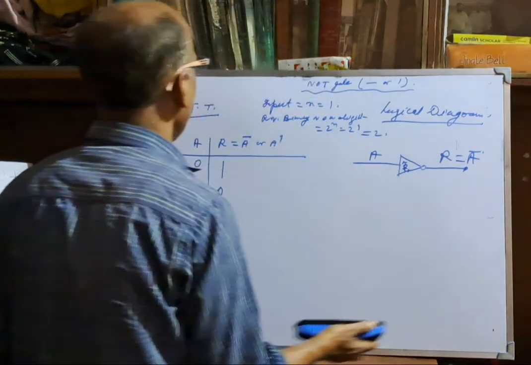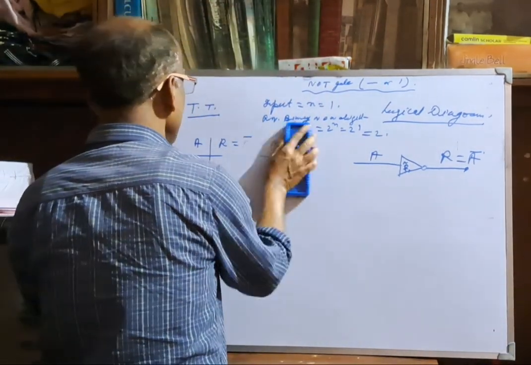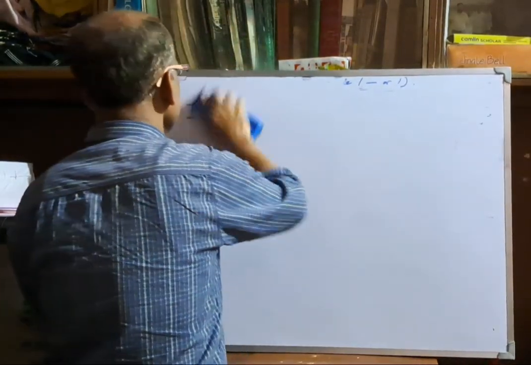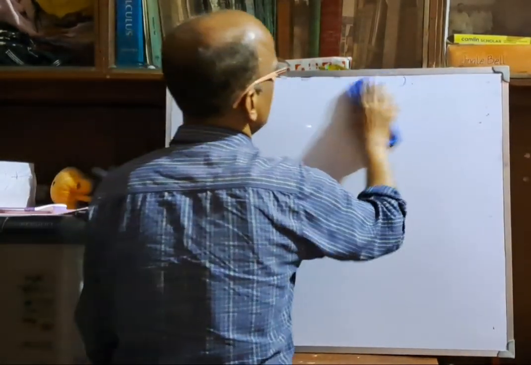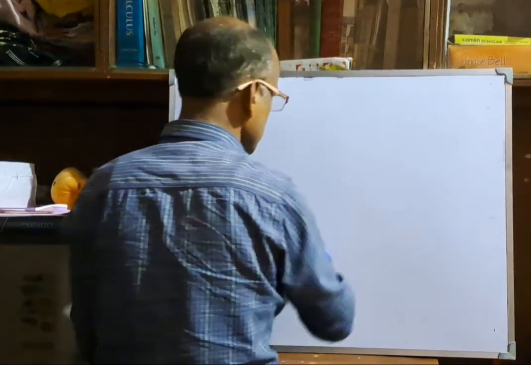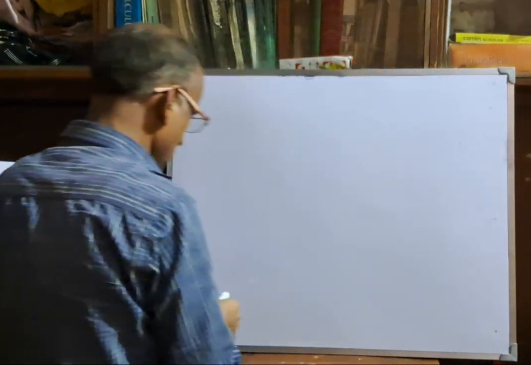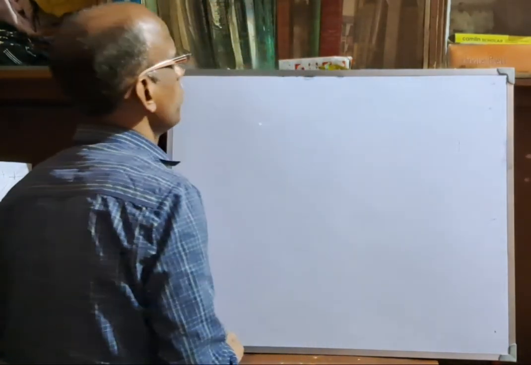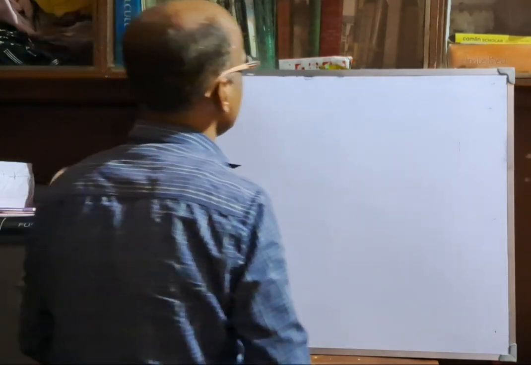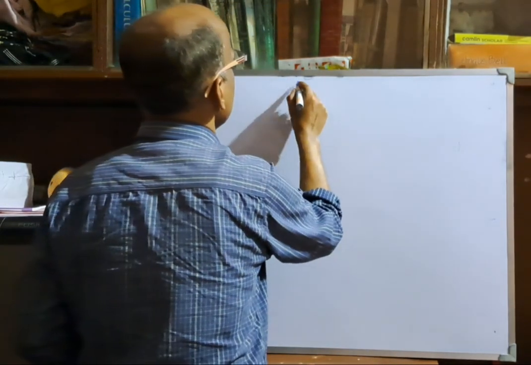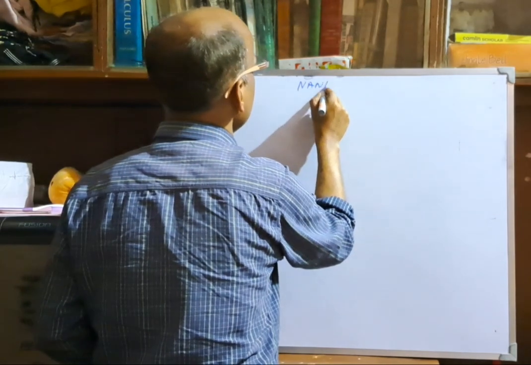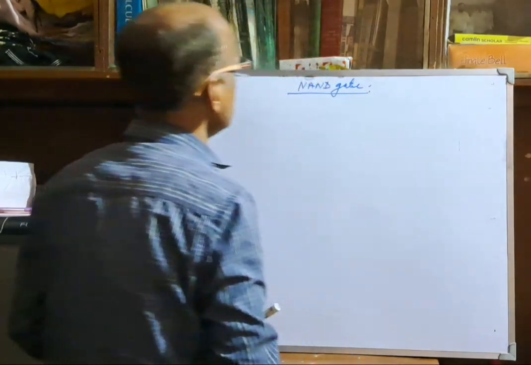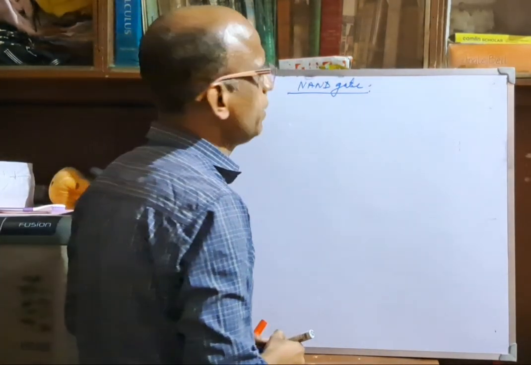So this I have done. AND, OR and NOT gates I have done so far. Next, I am going to use the NAND gate. How will the NAND gate be defined?